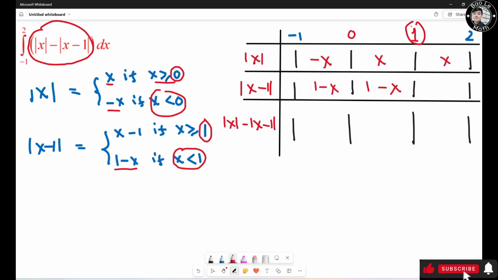If s is greater than or equal to 1, it's s minus 1.